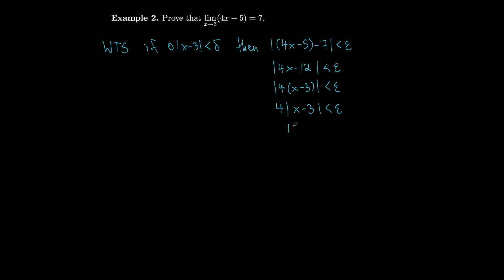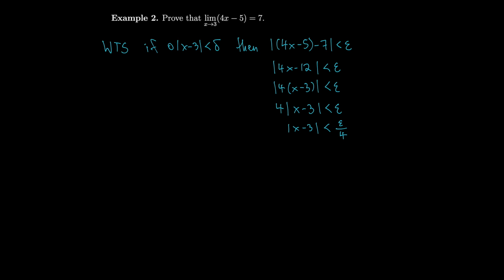And then I can divide by 4, because it's not 0. Okay, now I've got an x minus 3 in both of our conditions. I know that if the absolute value of x minus 3 is less than delta, I want x minus 3 to be less than epsilon over 4. That's the exact same thing as my original condition.